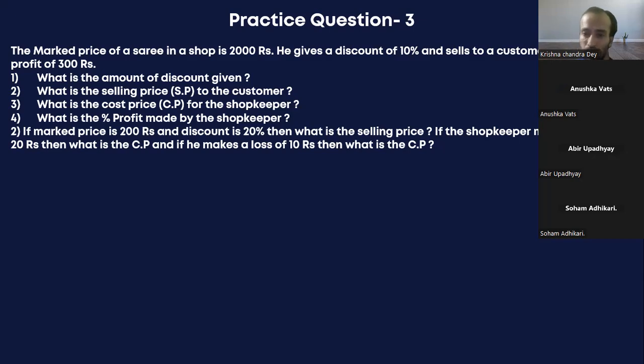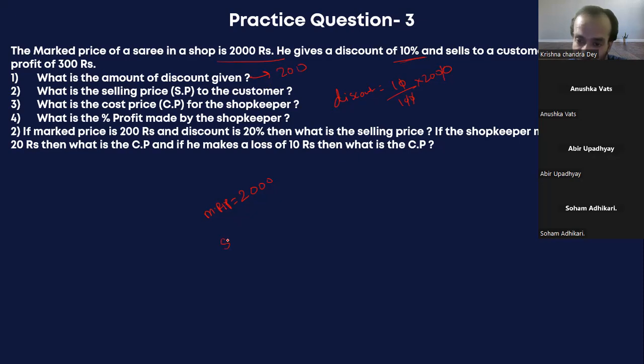Now let me give you the solutions, very easy. The marked price of the sari is written as 2000 rupees. That's what the sticker says, right? He gives a discount of 10%. So the discount will be 10% of 2000, which is 200 rupees.